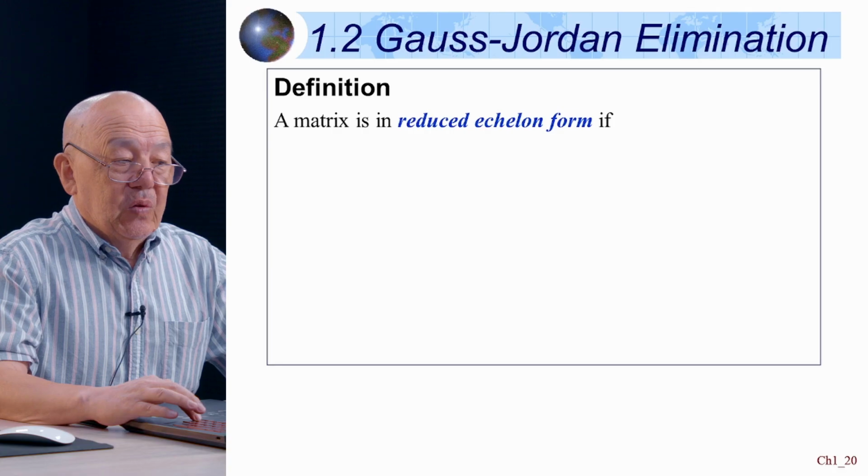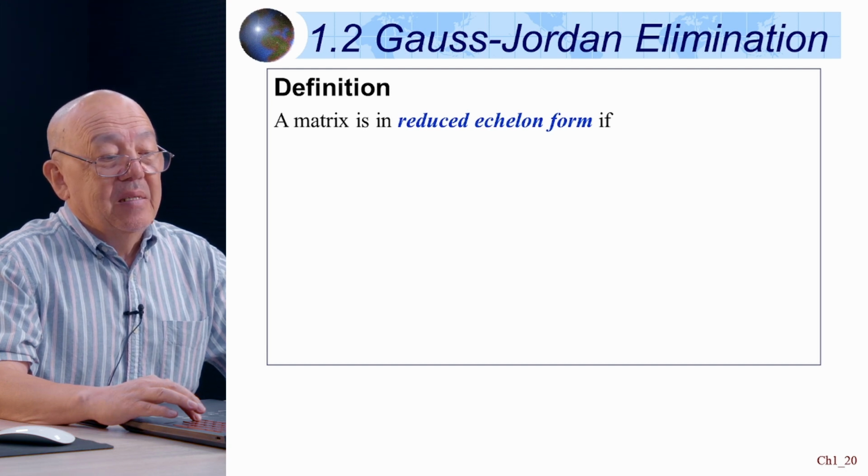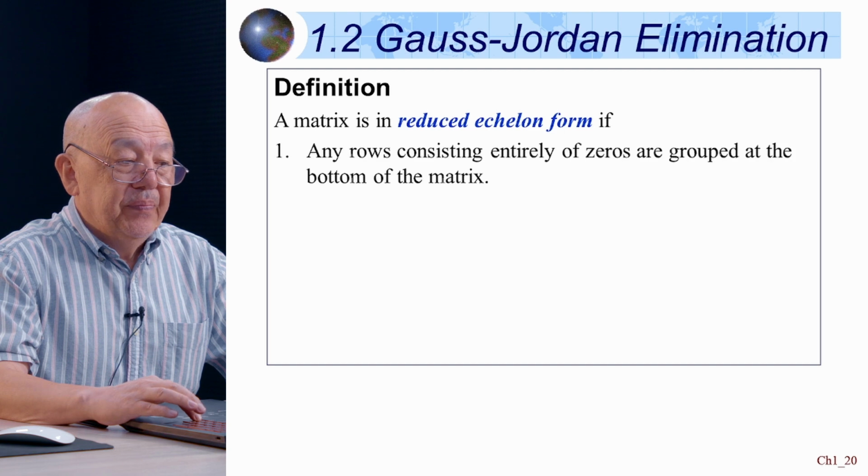Let's give a formal description of this elimination method, the Gauss-Jordan elimination method. First of all, we should define when we say that a matrix is in its reduced echelon form.